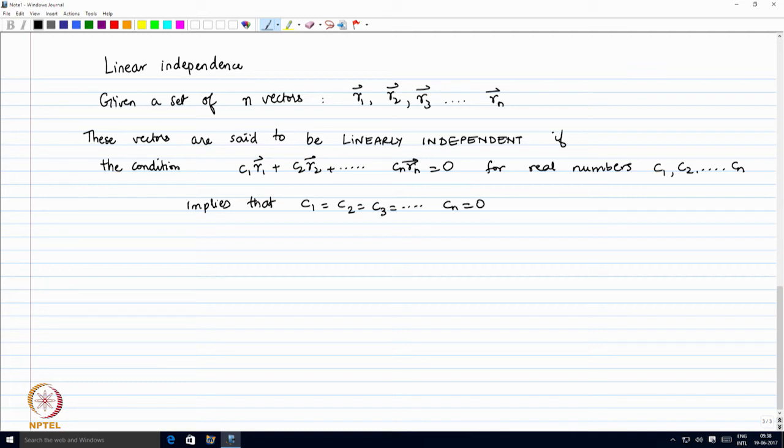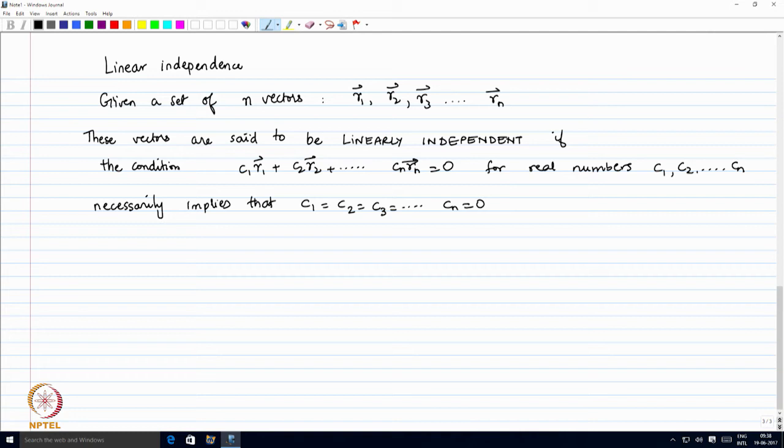So, if this condition necessarily implies that C1 equal to C2 and so on equal to 0, then the vectors R1 up to Rn are said to be linearly independent.